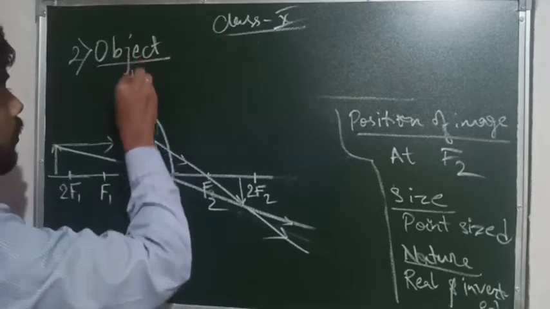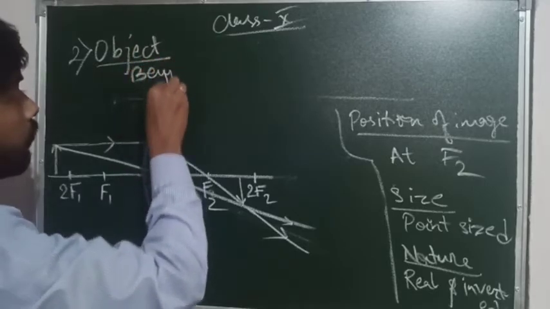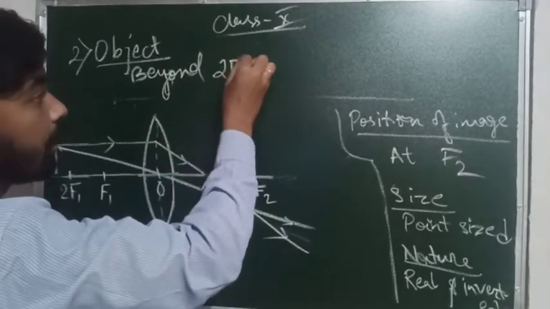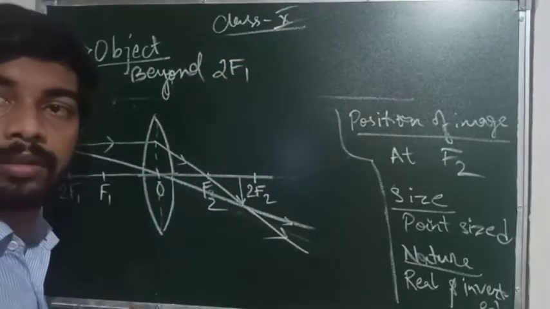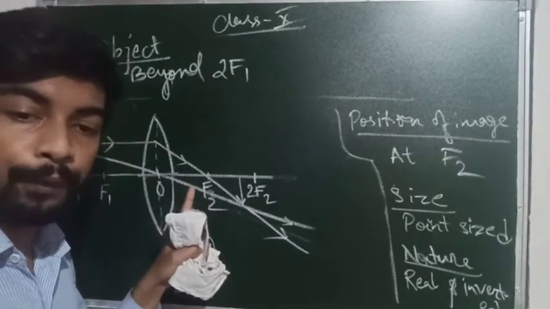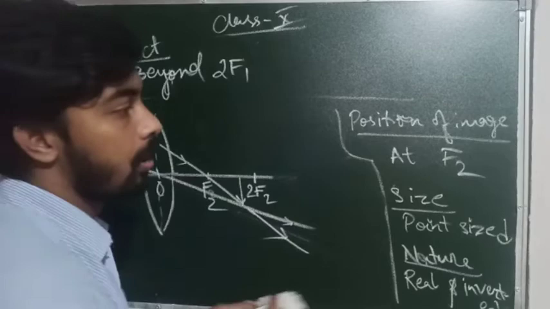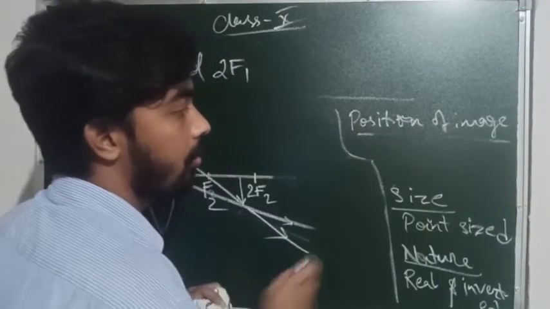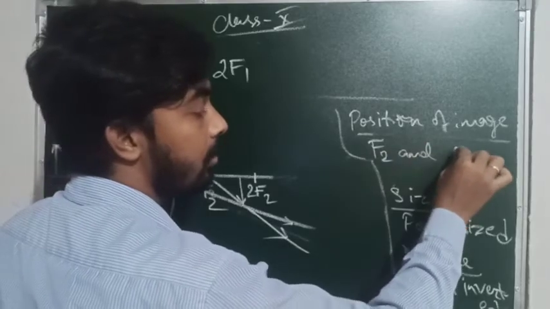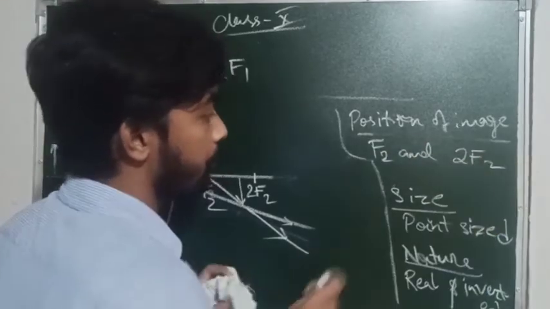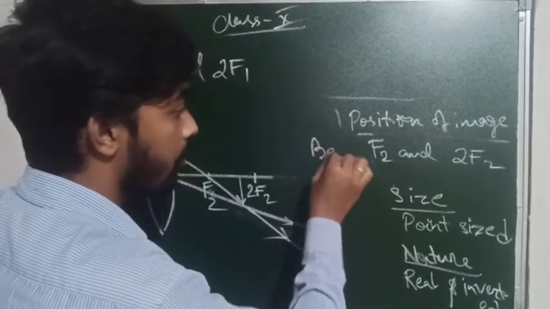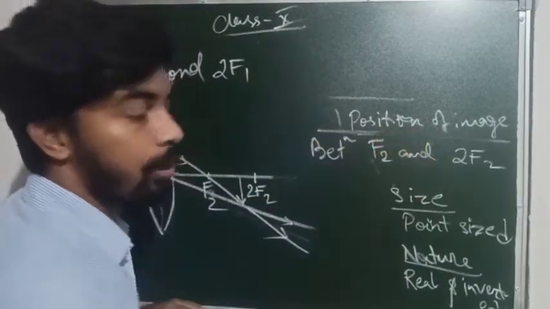Object beyond 2f1 and the image is formed between f2 and 2f2.